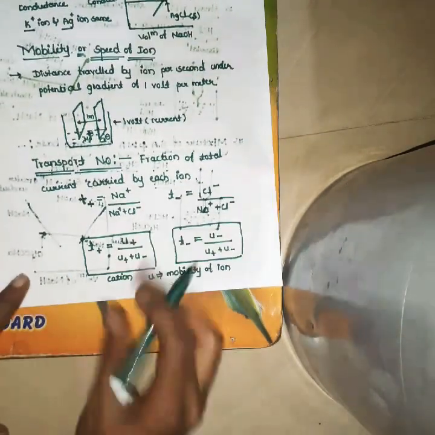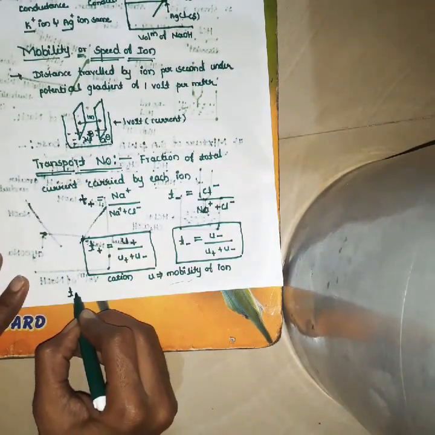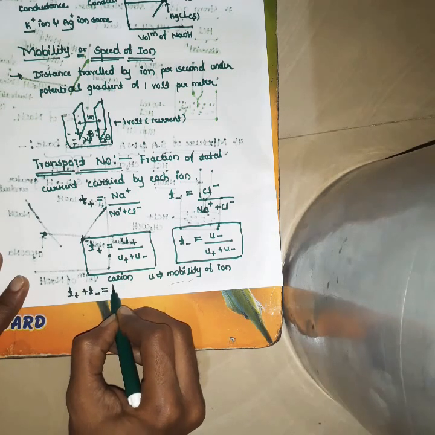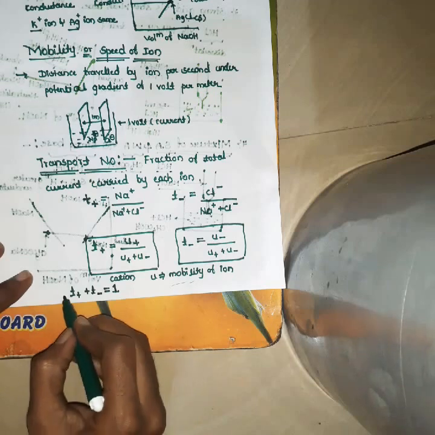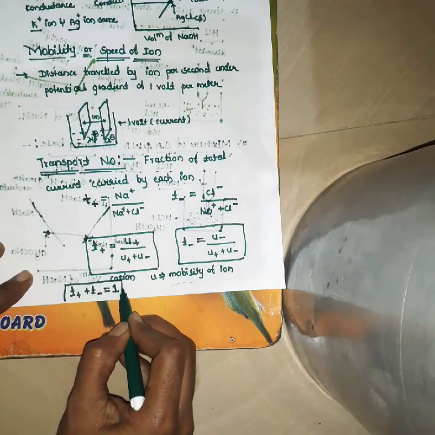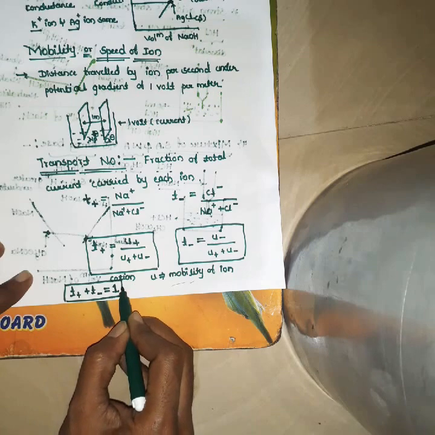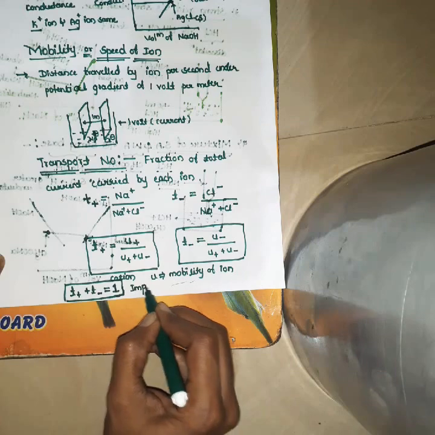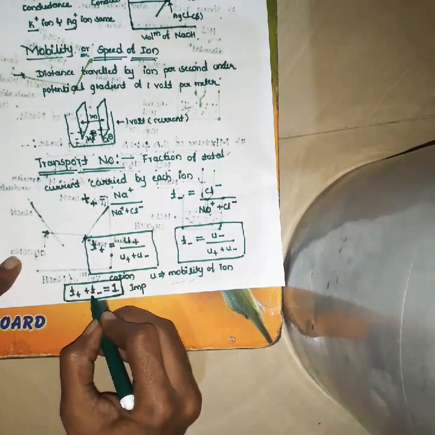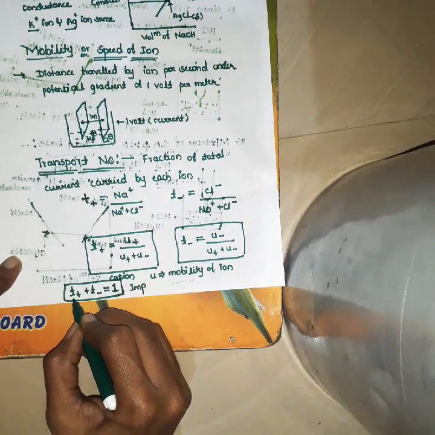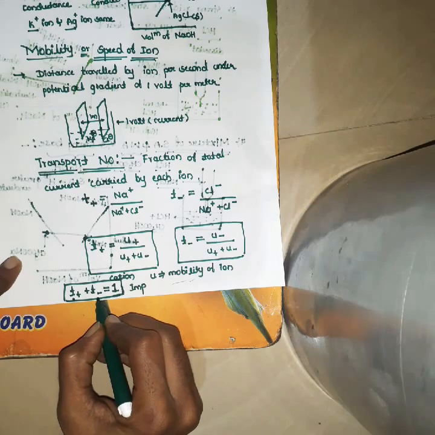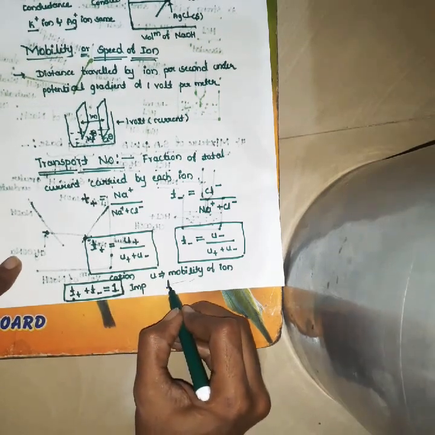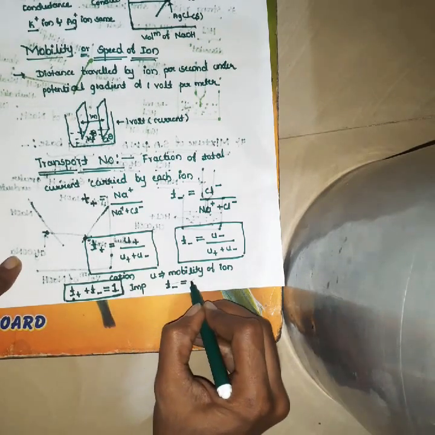Another expression: the transport number of cation plus the transport number of anion is equal to 1.